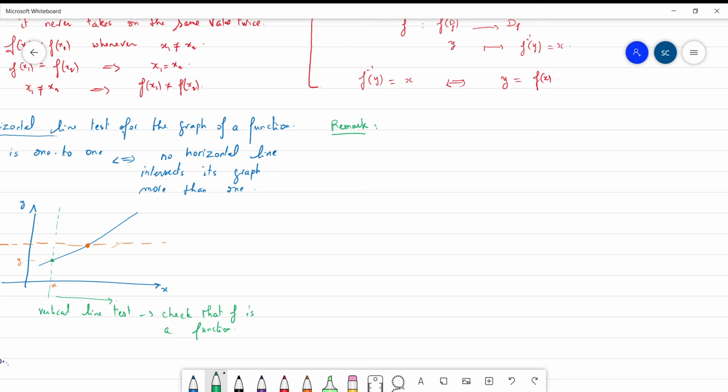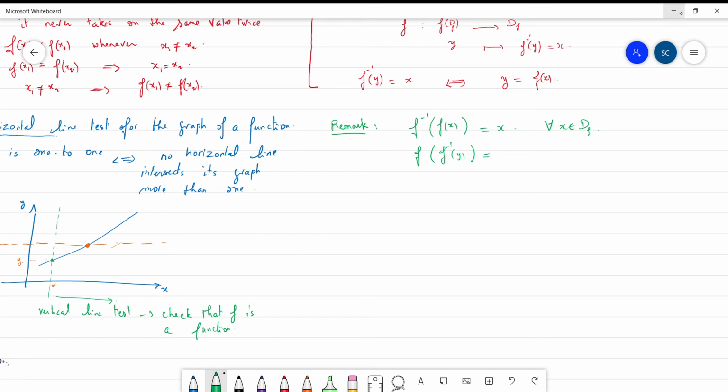If we have f minus 1, we said y is f of x, so f minus 1 of f of x will be x always, for any x you take in the domain of f. Now we have also f of f minus 1 of y will be y.